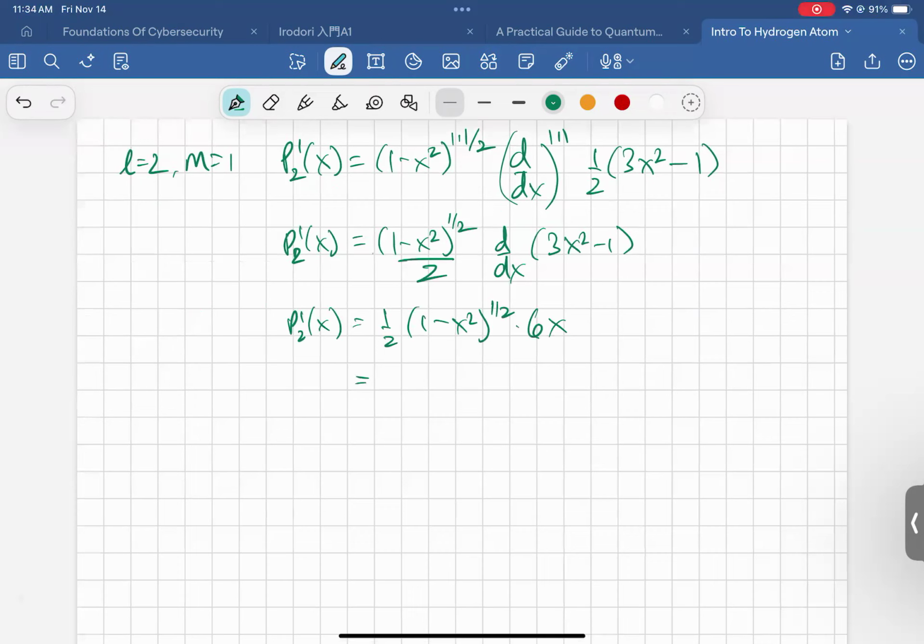So pag sinimplify pa natin further, this will be 1 minus x squared raised to the 1 half times 3x.